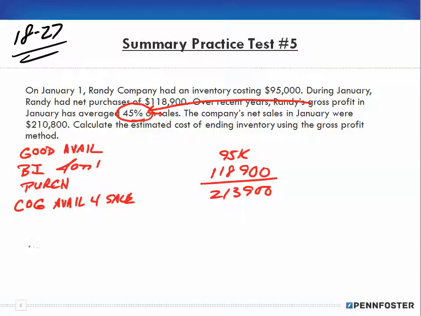Now we have to subtract out our estimated cost of goods sold.